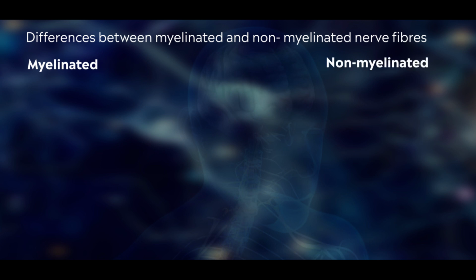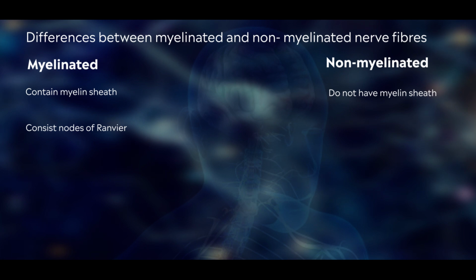So in myelinated nerve fiber, it contains myelin sheath. In non-myelinated, it does not have any myelin sheath. Then the second difference is that it consists of nodes of Ranvier in case of myelinated nerve fiber, whereas in non-myelinated nerve fiber, there is no such node of Ranvier.